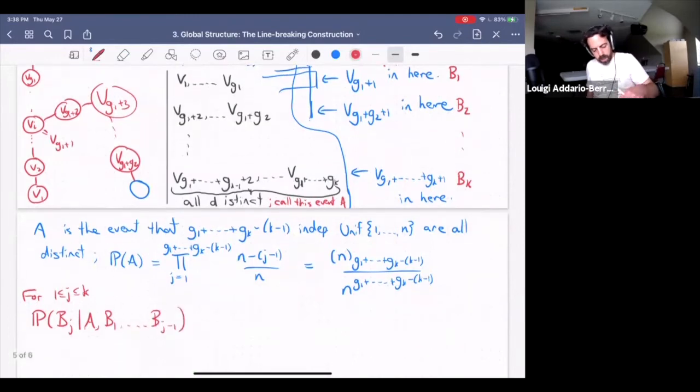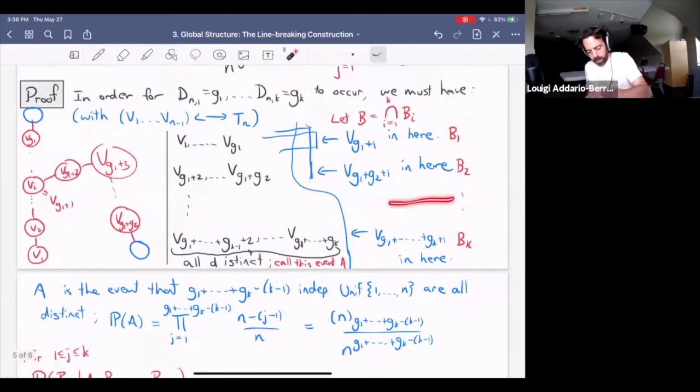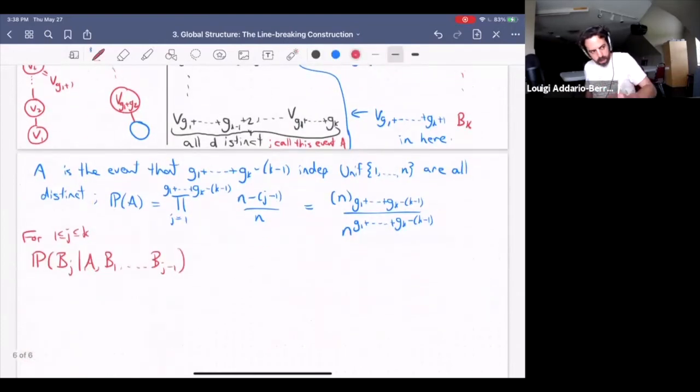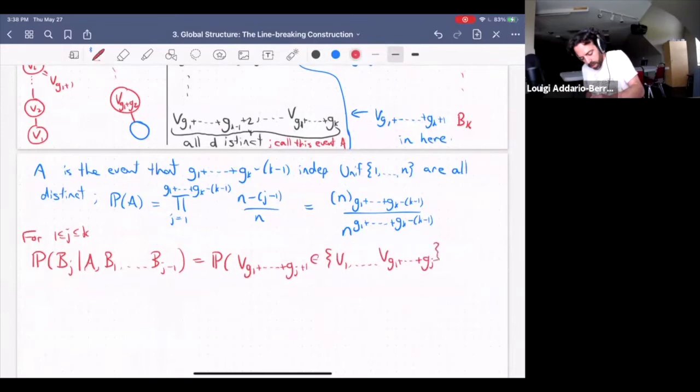So that's asking for one of these values to fall in the appropriate set on the left, given that we've already seen the other relevant repetitions. In other words, that's the probability that V G1 plus Gj plus 1 is an element of the set V1 up to V G1 plus G2 plus so on up to Gj, given that A and B1 up to Bj minus 1 occur.